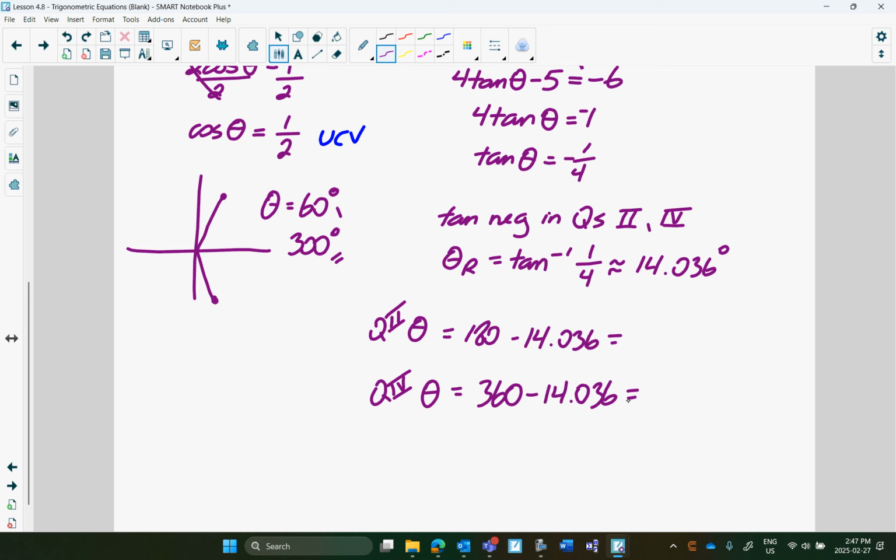And those will give me my 2 answers, which work out to 165.964 degrees. That's one solution. And 345.946 degrees. And again, if you take the tan of these on your calculator, you're going to get -0.25, which means you've done it correct. Okay.